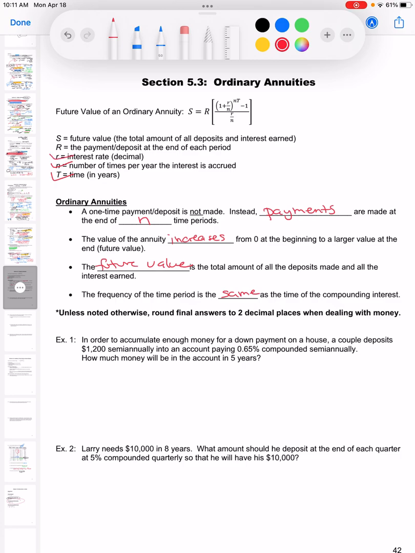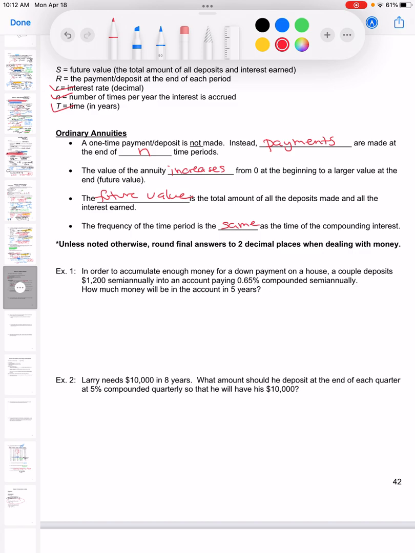We do have two new letters here. S is going to stand for the future value out of everything, if we were to keep making those deposits. And the capital R is going to stand for how much we are depositing at the end of each month or each quarter or whatever our period is. Just remember that we're going to round to 2 decimal places because we're dealing with money.